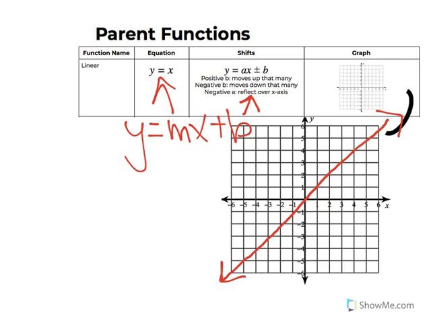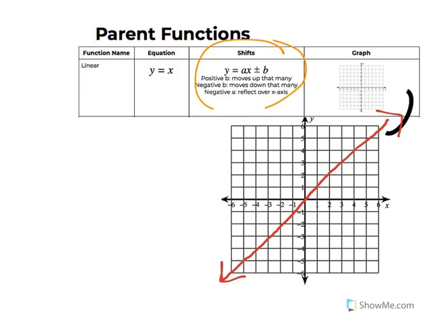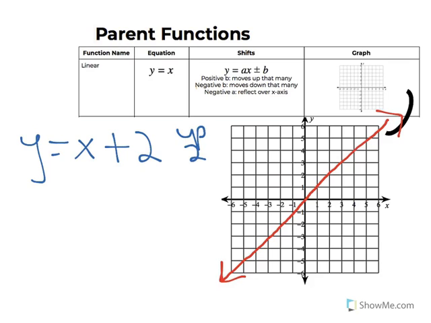Now, if you look at this, it talks about the shifts and how it can move up and down. So the b value will tell you whether you're moving up or down. So for example, if we had y equals x plus 2, then we would be moving up 2 from the general graph.